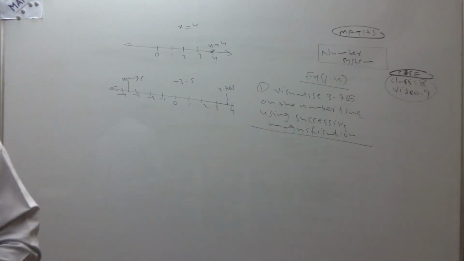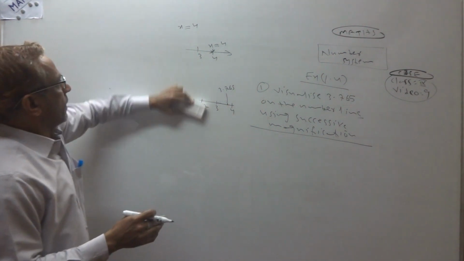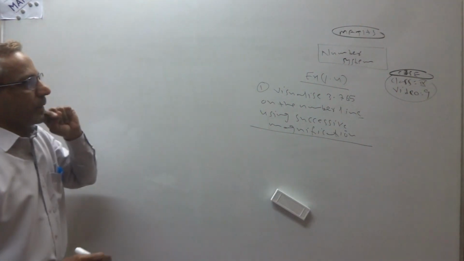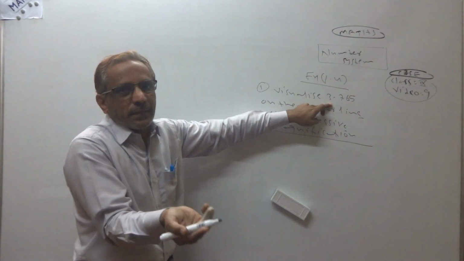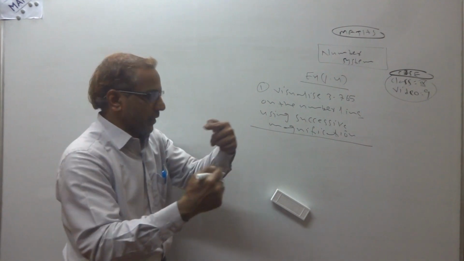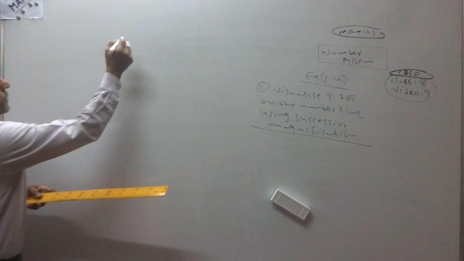Please see. Understand the method. What is said? Visualize this, means represent this on the number line using successive magnification. So we start.